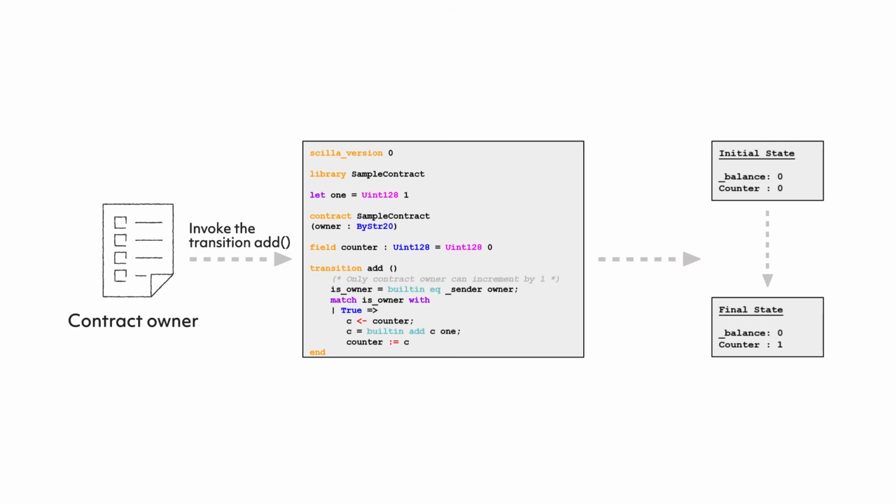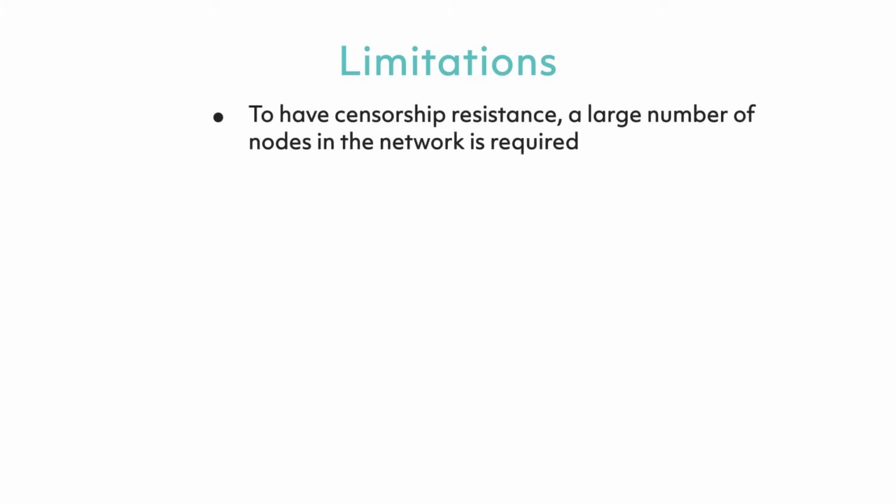However, as we mentioned before, blockchain is not the magical solution to all problems. In particular, there are certain limitations at this stage of the technology that you should be aware of. Number 1. In order for censorship-resistant nature to hold for authorization and execution of transactions, i.e., making it nearly impossible for people to change the transaction records, having a large number of nodes in the network is required.